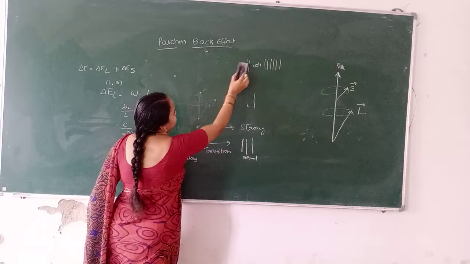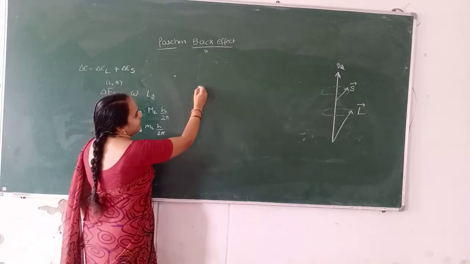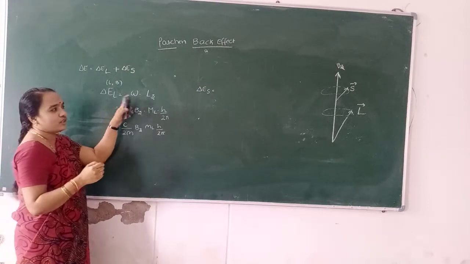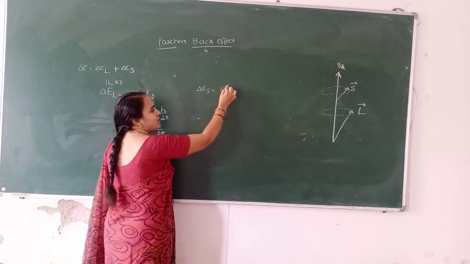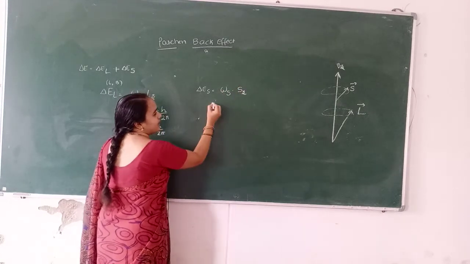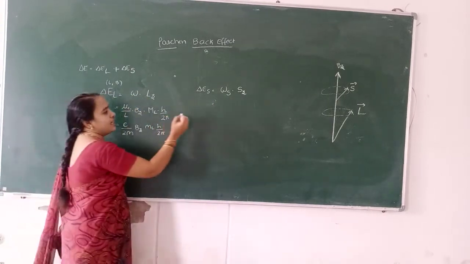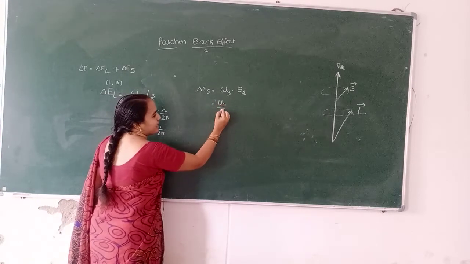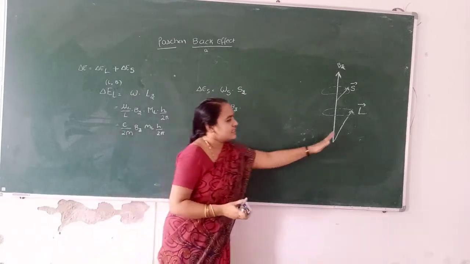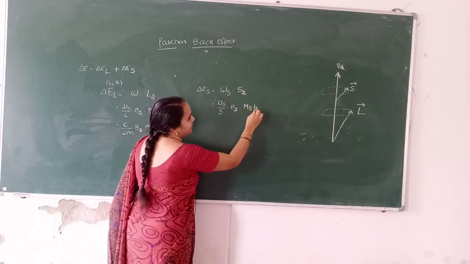Similarly, the interaction energy between the S bar and the magnetic field, delta E of S, is also the dot product of the angular velocity of the S vector and the z component of the S vector. Here omega is mu S by S into Bz, and Sz is Ms h by 2 pi.